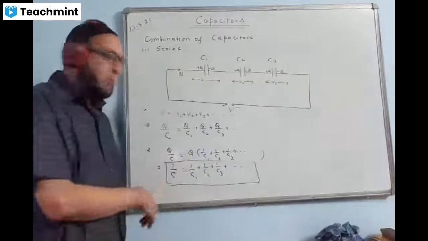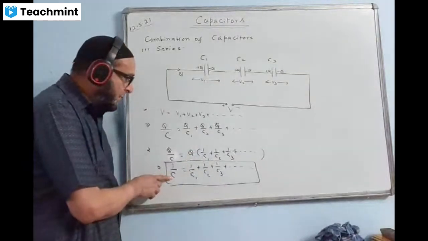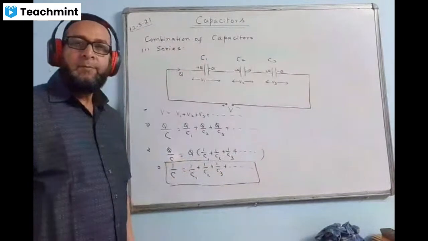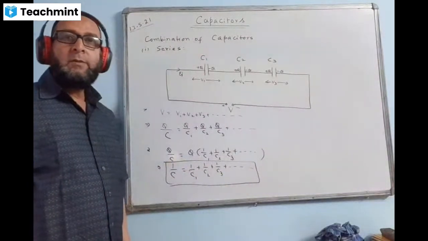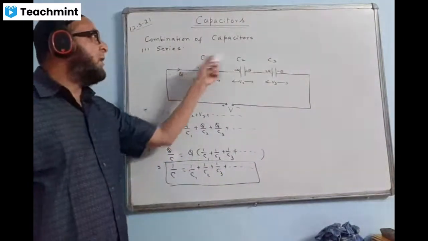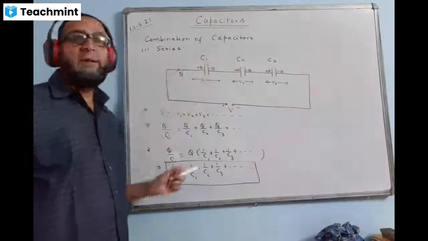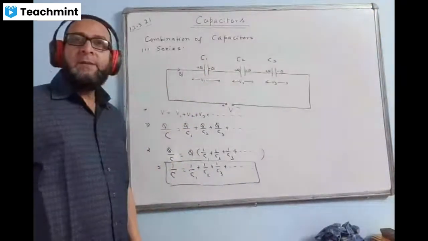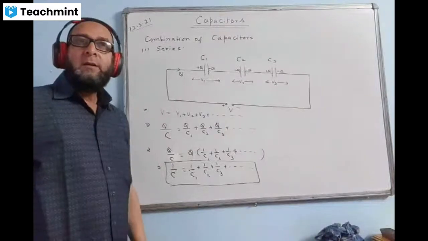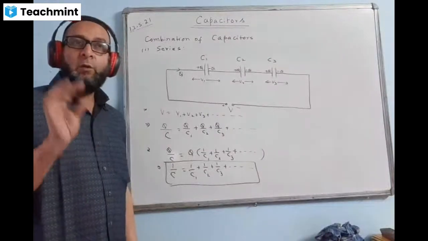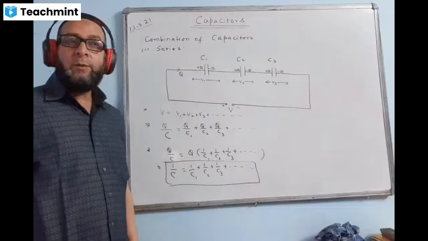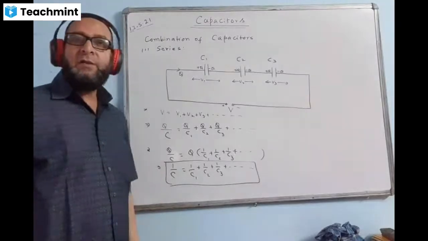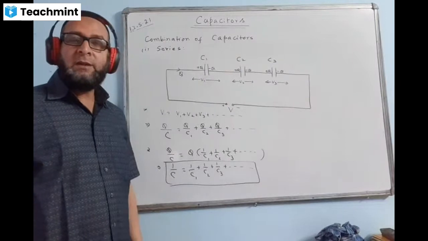The value of C will come less than any one of these individual values. So your answer will come anything but less than 1 if you use this formula. That means in series, one can expect to get a low value of capacitance, because the value becomes less than the least. That means series is the method of decreasing, reducing the value of capacitance.